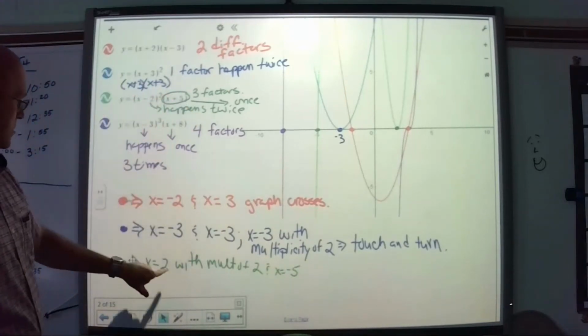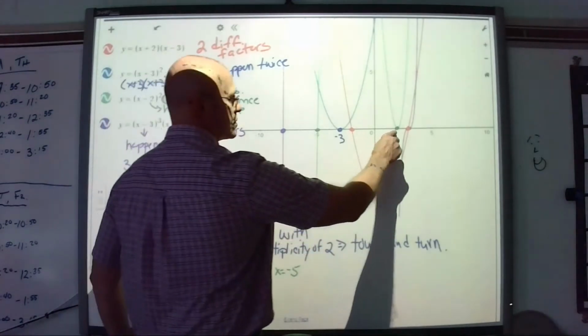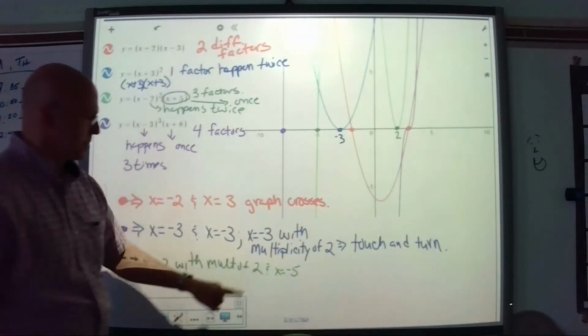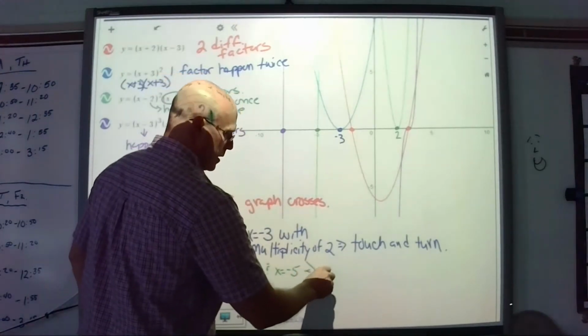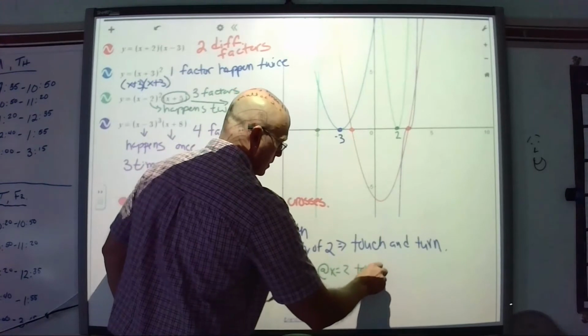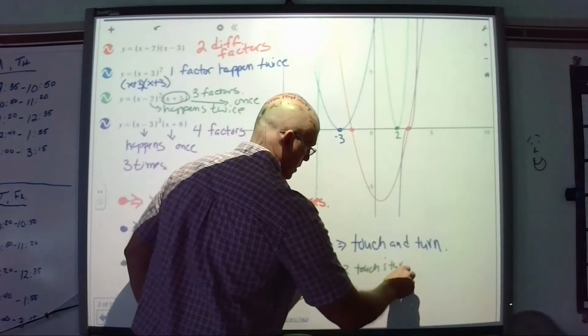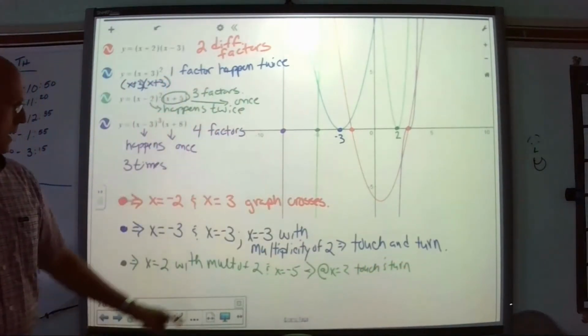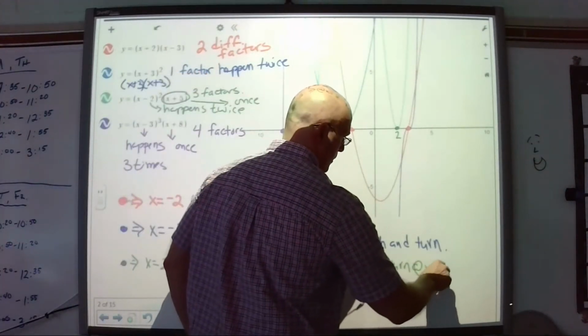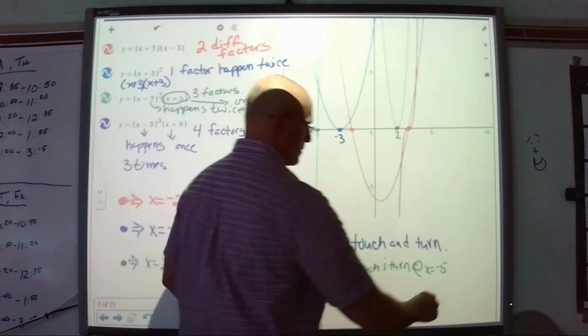All right, so let's look at x equals 2. Here's x equals 2. Look what happens when it had a multiplicity of 2. At x equals 2, touch and turn. Oh, at x equals -5, it crosses.